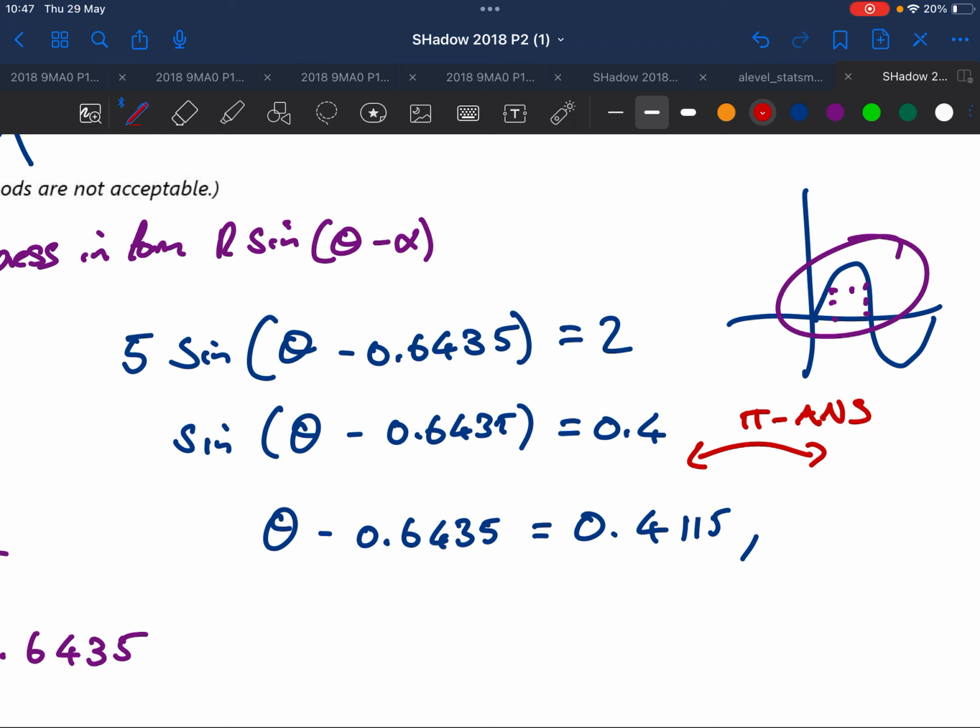So pi minus my answer is 2.730. And then the final bit on this one is you just add this number back, so plus 0.6435.